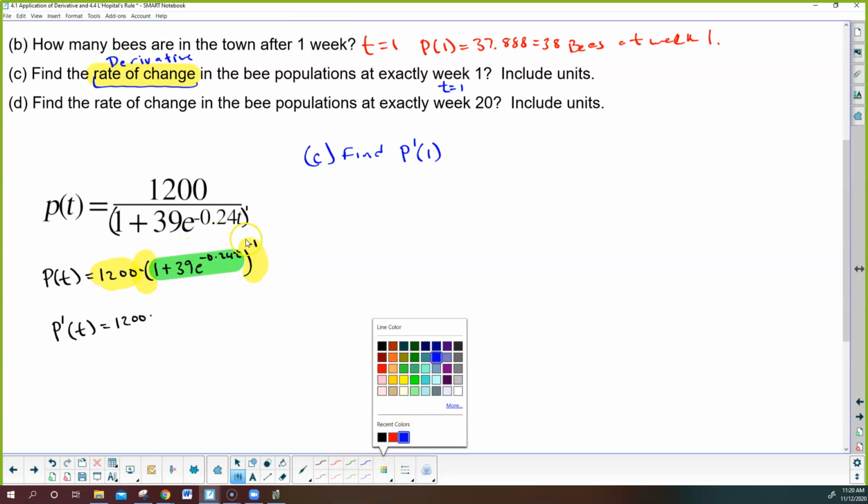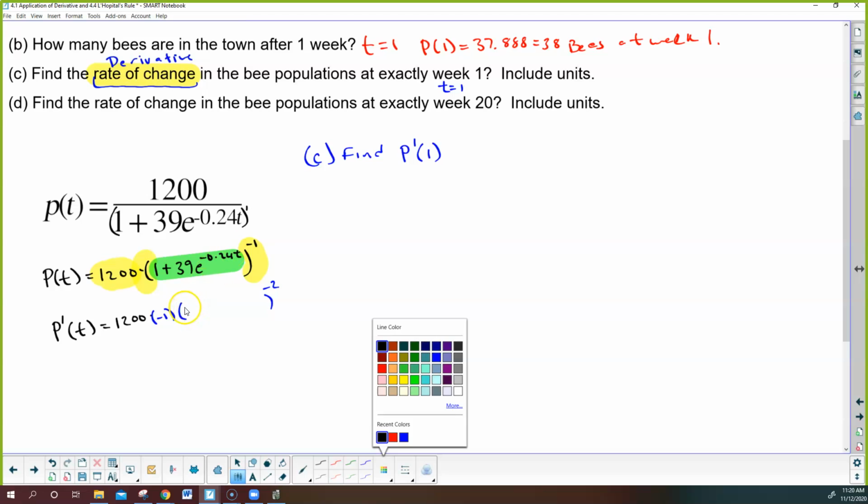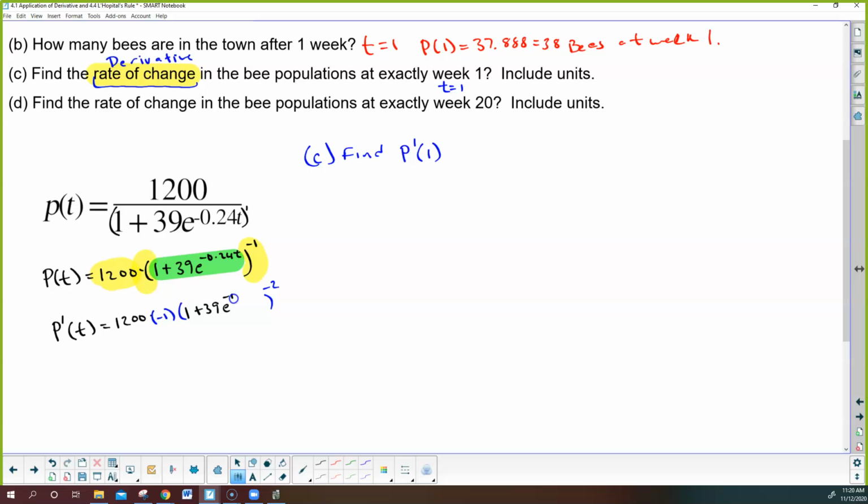The negative 1 is going to come down in front and multiply, and then I'm going to take 1 away. So I get a negative 2. All right, so that's the derivative of the outside. Keep the inside. And then the chain rule part is the derivative of this inner piece.